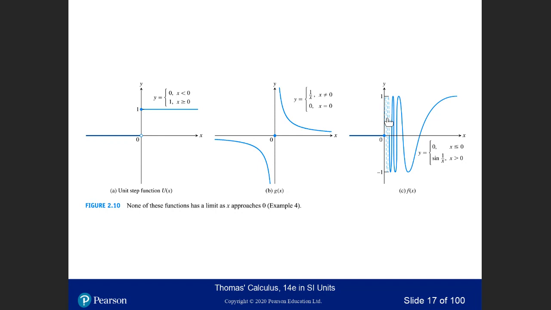You cannot put a value here or here to take the limit. It's not possible. With very small changes of x, sine of 1 over x oscillates too much, and you cannot keep it at one place. So this function does not have a limit because the function oscillates too much at x naught when you approach this number.